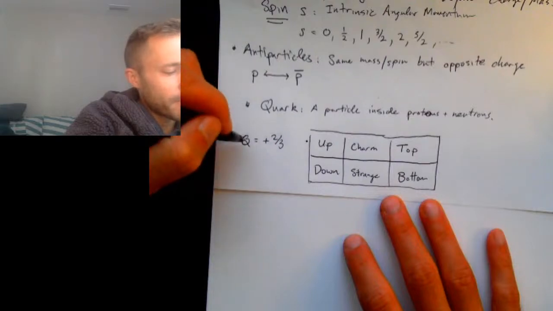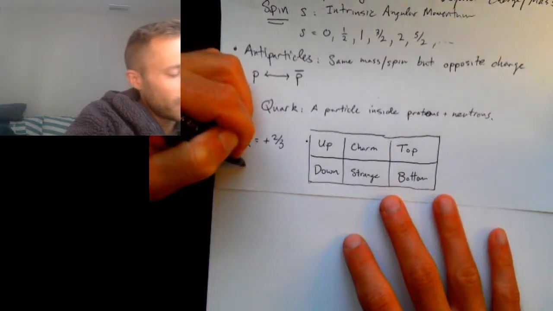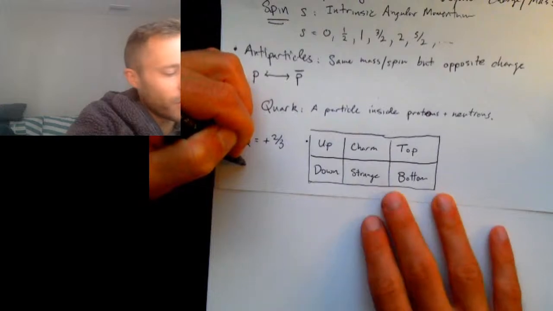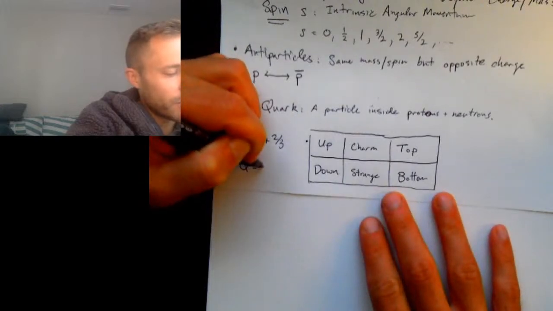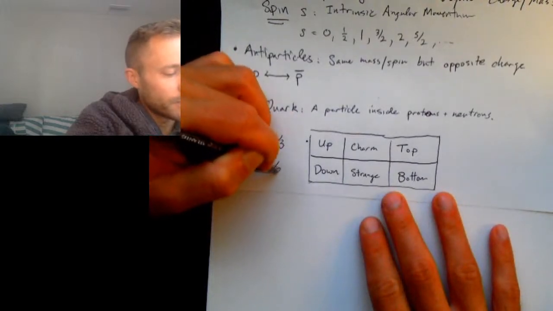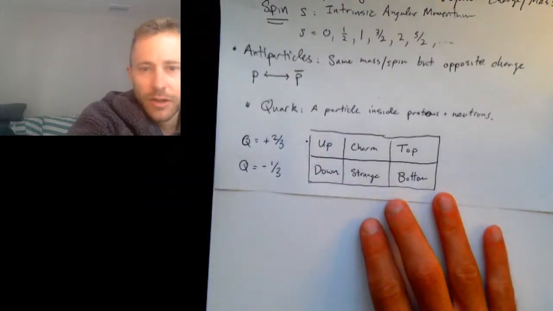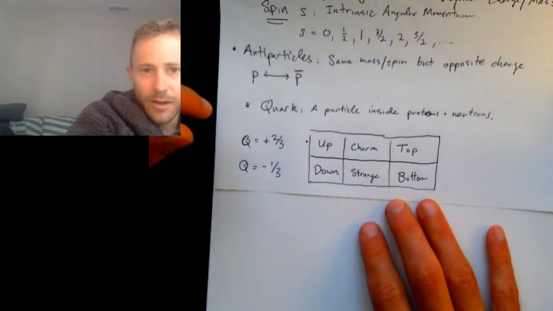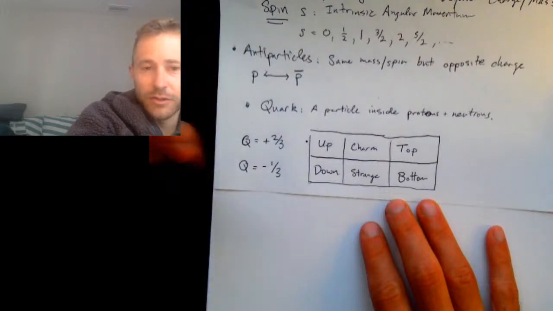And then if it's in the bottom row, it has a charge of minus 1/3 of a fundamental charge. So remember how I said the fundamental charge, everything in nature has a charge that is a multiple of the fundamental charge.